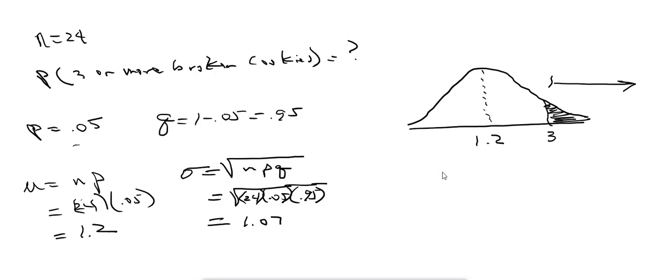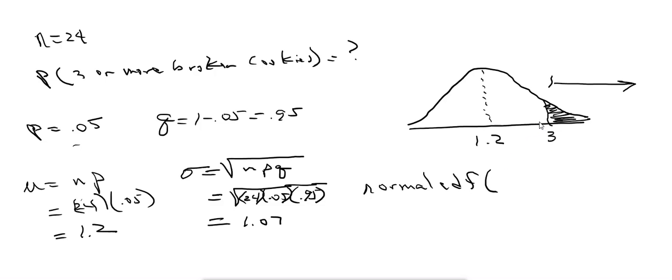So again, normal CDF, and now here's the tricky part. You've got to do the mean and standard deviation, but we talked about you have to do the correction for continuity.